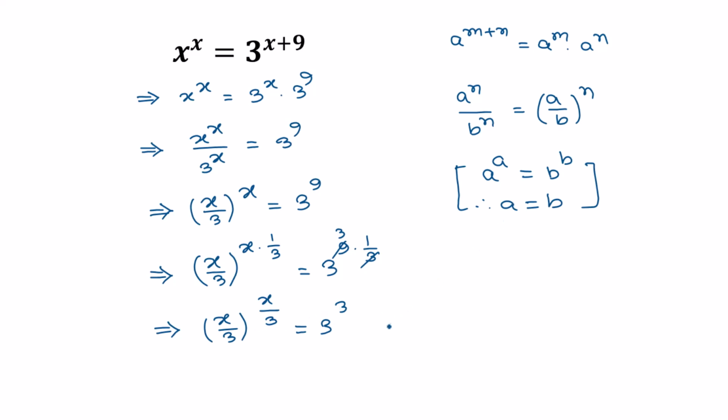So from here we can write x over 3 is equal to 3, and multiplying both sides by 3, we will get the value of x. So x is equal to 3 times 3, which is 9, and this is the solution of our given problem.